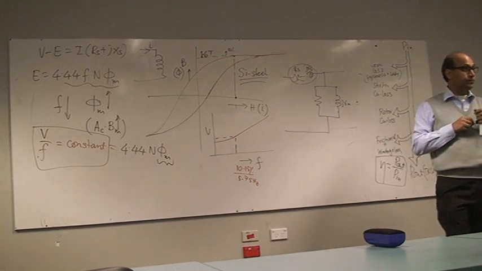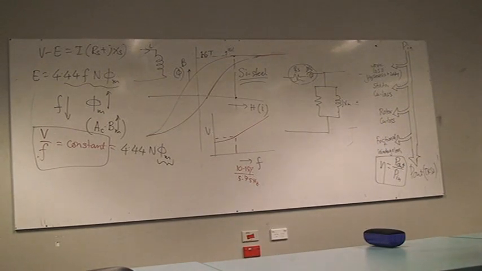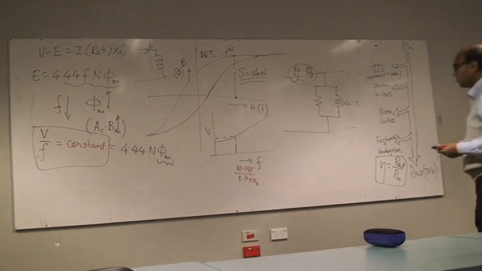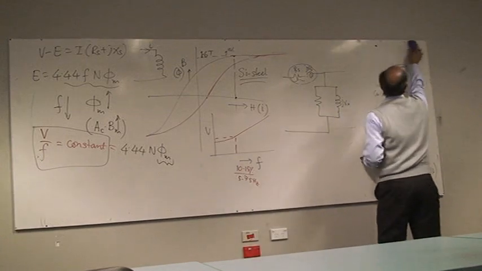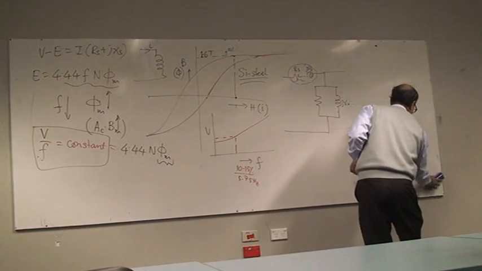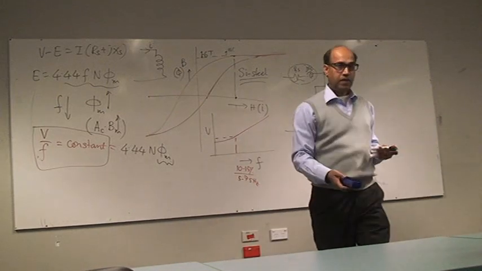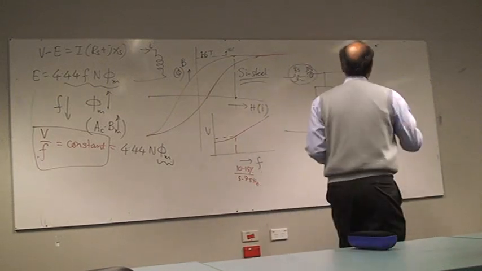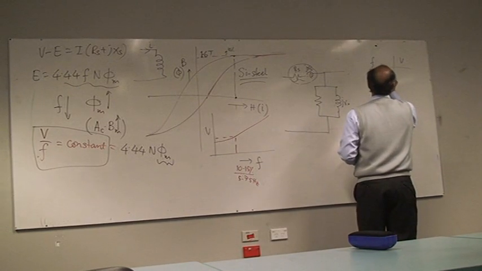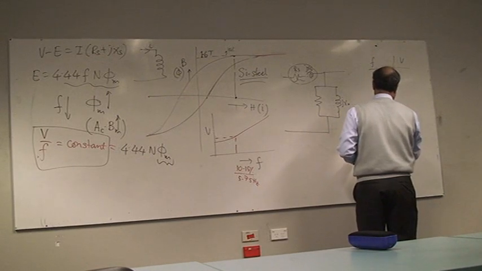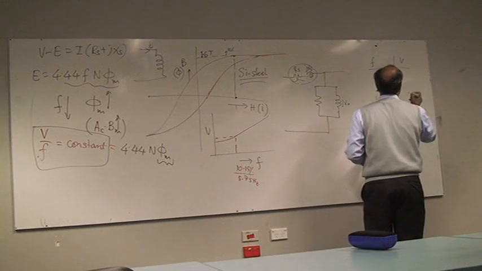In the exercises we had in the lab last week, I calculated the value of V over F. It basically drops from 6 to 4.3. Is that normal? The frequency started from 10 hertz and finished at 55 hertz, and the speed started from 300 and ended at 1500.